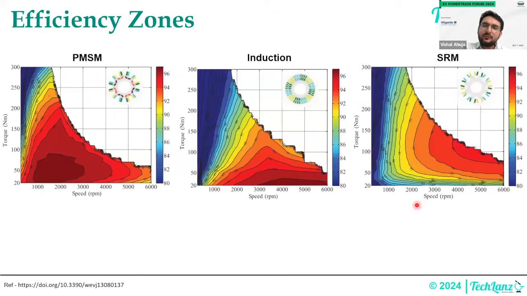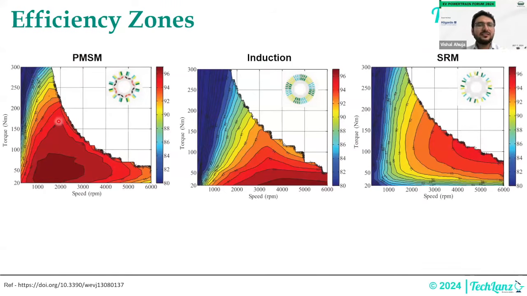Let's see now from the efficiency zone perspective, right? It's very interesting to see that when you decide on peak efficiency, in most of the three applications, which are your PMSM motor, induction motor, and SRM, the peak efficiency is somewhere around 97. This is 97, this is 97, and this is also somewhere around 97.